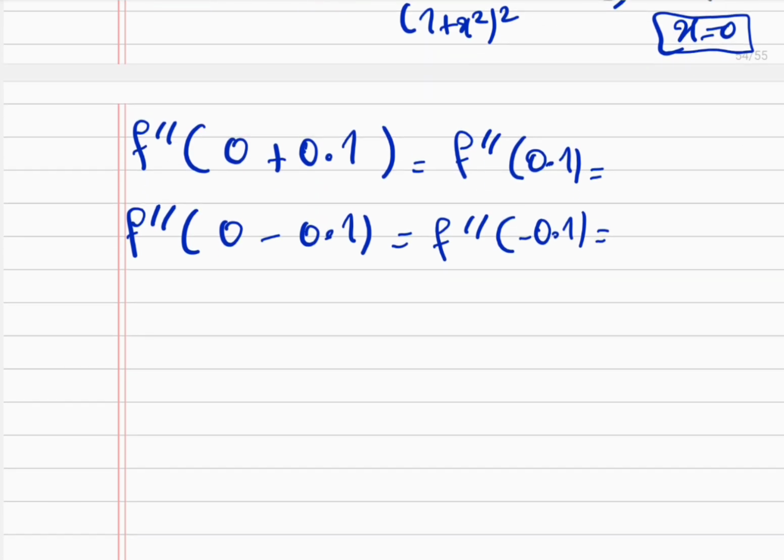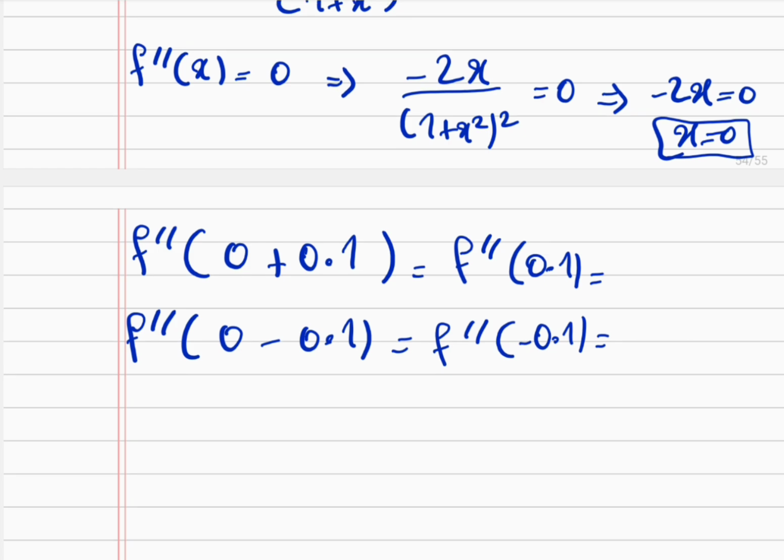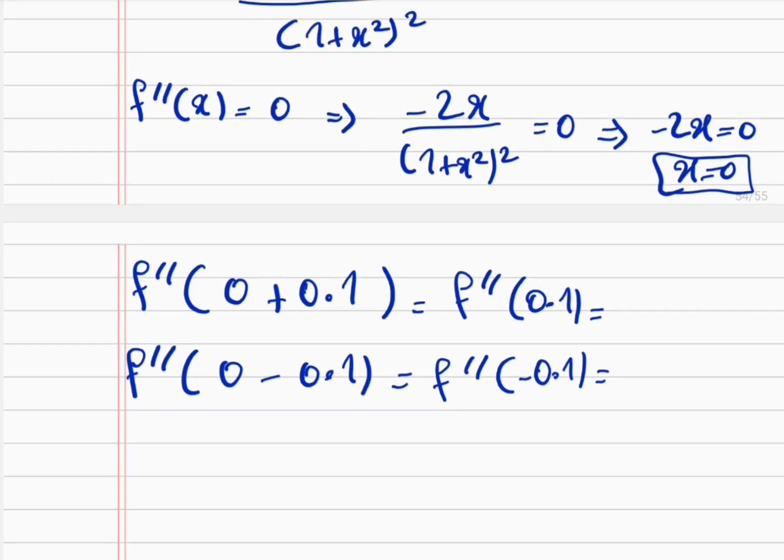Right. Now it's just a matter of substituting these two values into f''(x) and seeing what we get. So for the first value, f''(0.1), we get minus 0.196, to three decimal places.